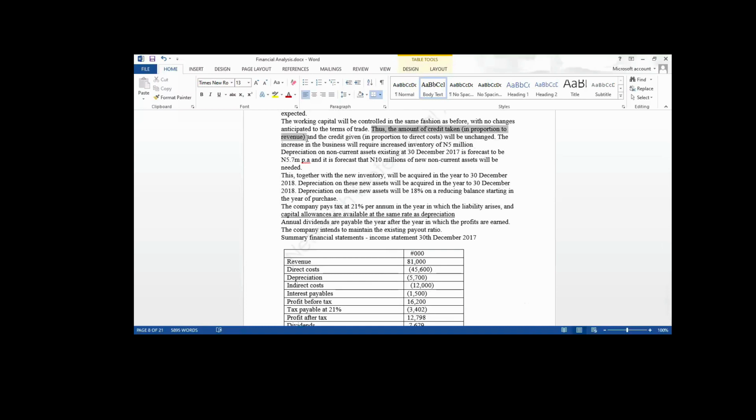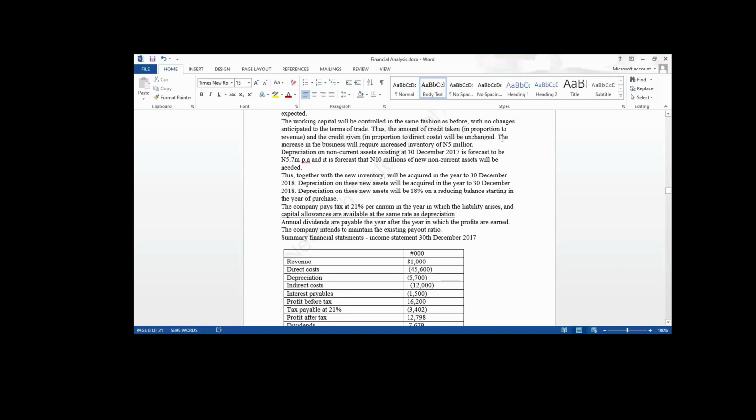We have treated this, is that not so? Yes, sir, we've done that. We have also treated credit giving in proportion to direct cost. That is our payables. Are we there?